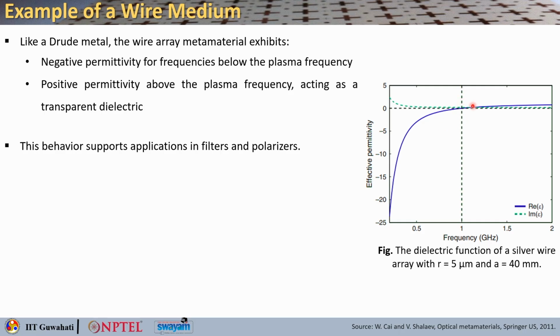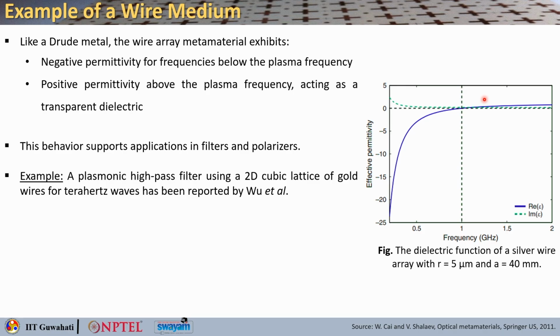Below this frequency it will reflect, and above this frequency the incident light can pass through the rodded medium or the wire medium. You can take the example of a plasmonic high pass filter made using a 2D cubic lattice of gold wires working for terahertz waves, and that was reported by a group of U.